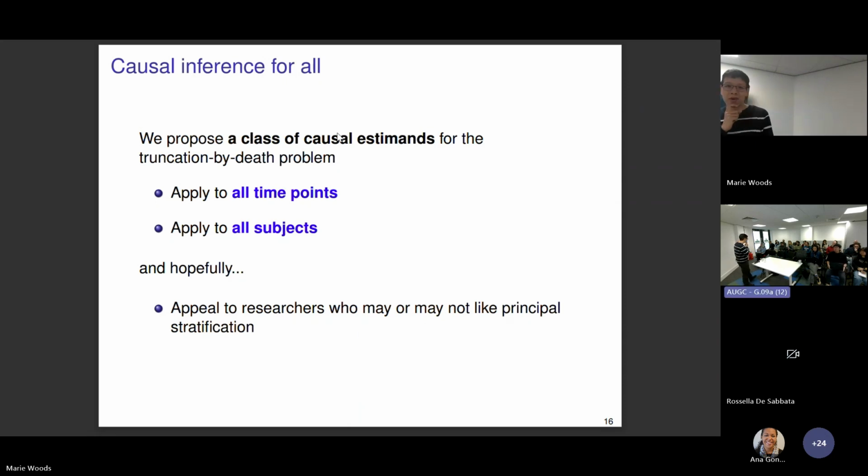And second, perhaps more importantly, this is an estimate that applies to all subjects. Remember the central critique about the SACE is that it only applies to a subgroup that's not identifiable. So now we try to solve this problem with this new framework. But of course, it's still a causal estimate, so it's still causally interpretable. So hopefully this will appeal to researchers who may or may not like this idea of principal stratification.